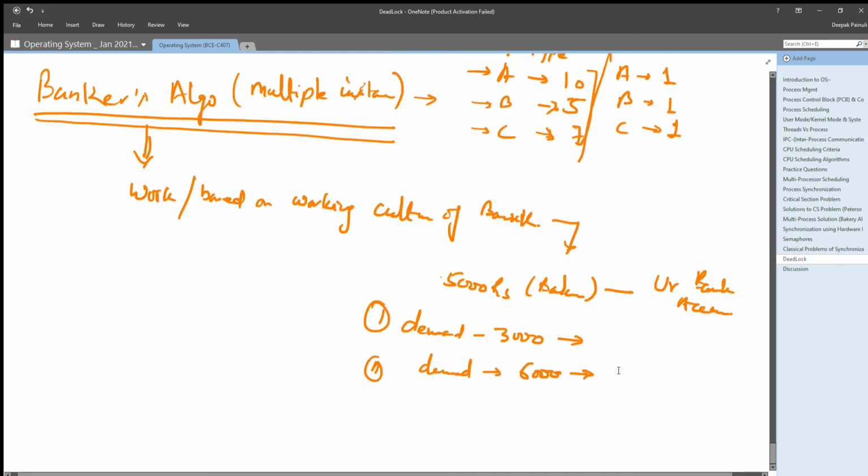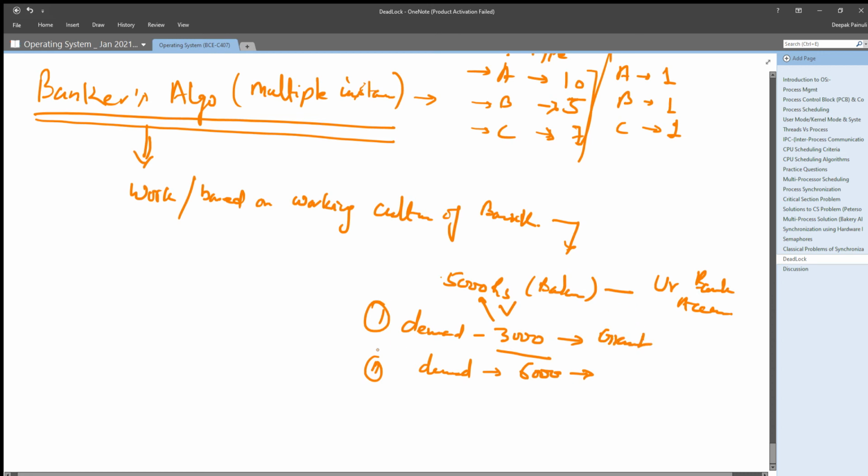See the first case: if you demand 3,000 rupees from the bank, the bank will check your balance, and if your demanded money is less than the total balance available in your account, then it will grant your required 3,000, right? That means it will grant it.